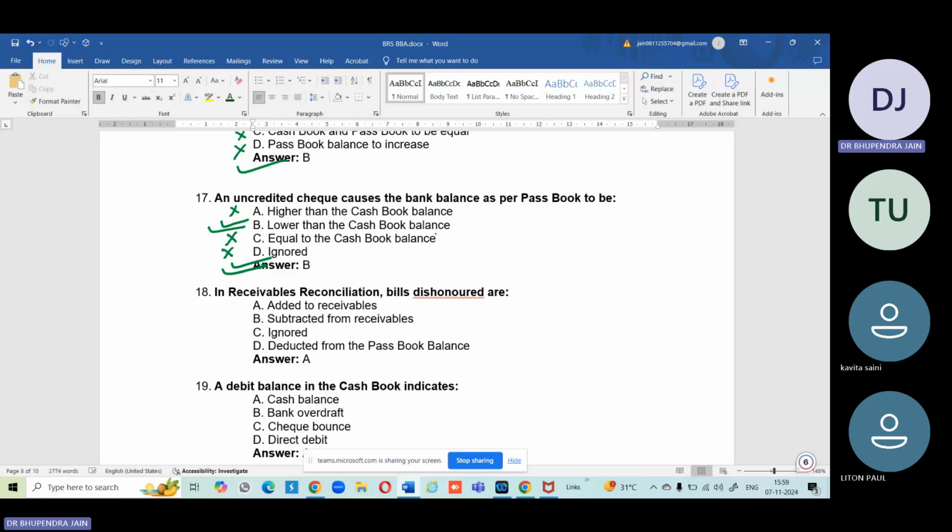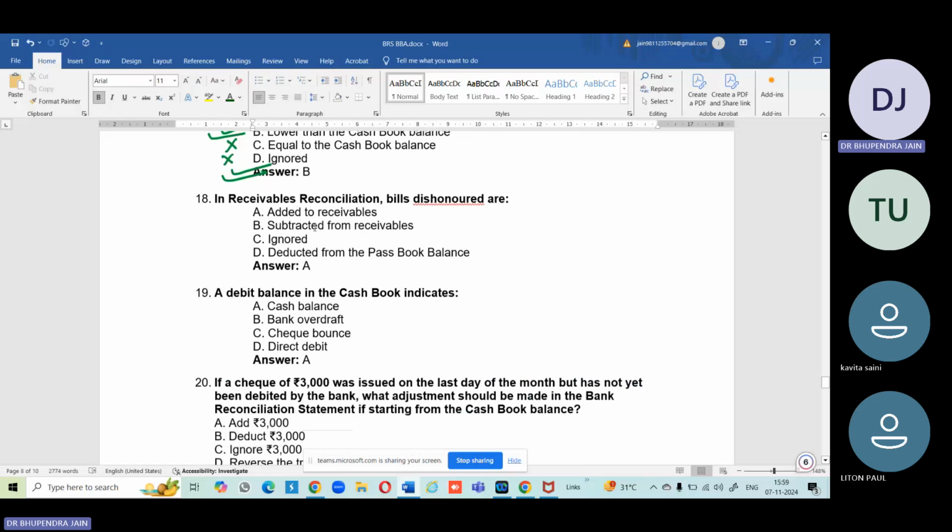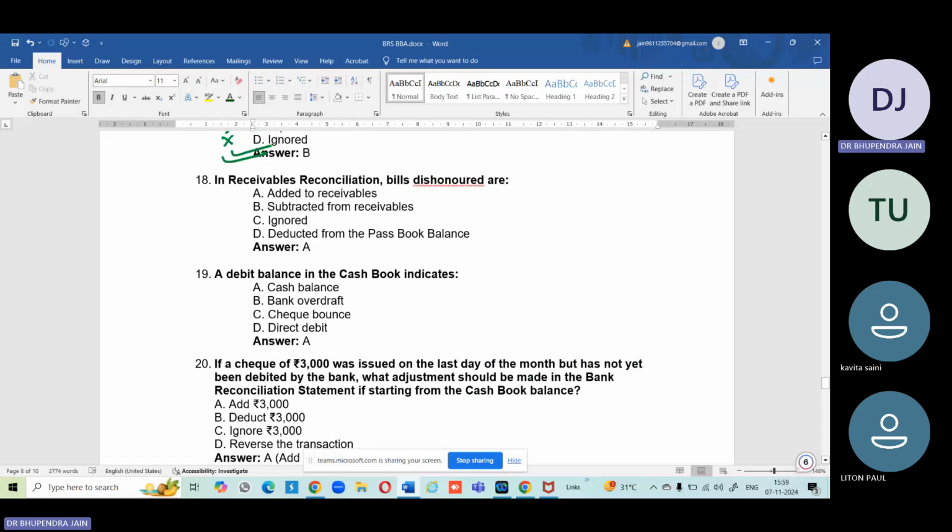So correct answer is A. Equal and ignore can never be possible. Possible is only higher cash book than passbook and lower cash book than passbook. Next. ये बेटा छोड़ेंगे अभी, इसको अभी question 8 को we will discuss tomorrow.